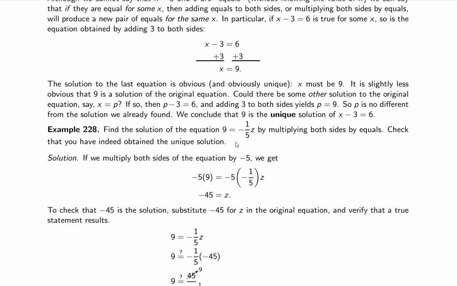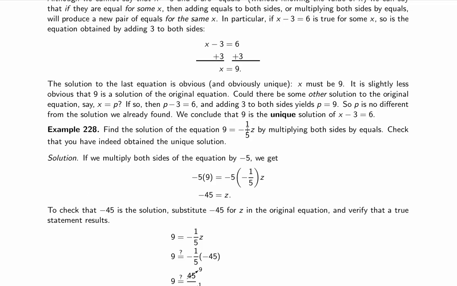And here's a more awkward one. 9 is equal to negative 1/5 times z. This time the variable's on the right, but it's the same idea.